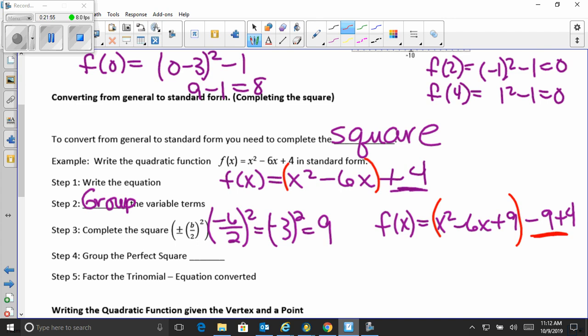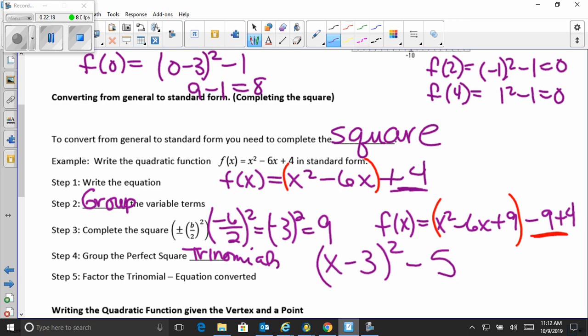Now I can factor what's in that group. That's just x minus 3 quantity squared. It's a perfect square trinomial. And then on the outside I have minus 9 plus 4, which is minus 5. And now it is in vertex form, and I can see what the vertex is. Positive 3, negative 5, I can graph it from that.